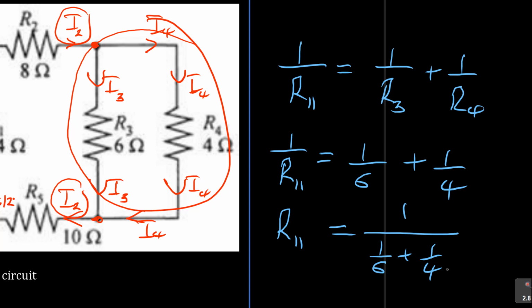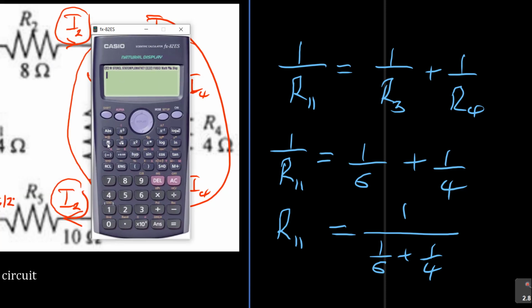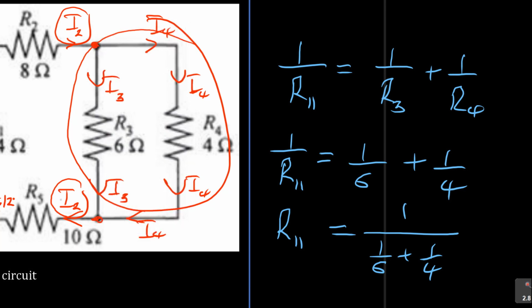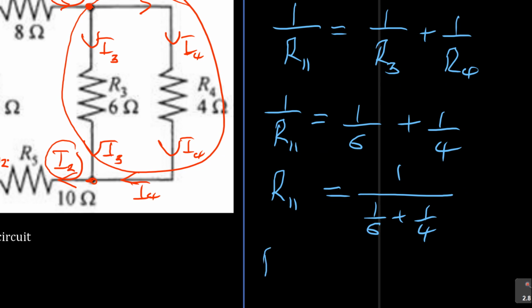Then you take a calculator, it will give the answer straight away. So this is fraction 1 over 6 plus 1 over 4 equal to, I'm getting 12 over 5, which is 2,4. So this is equal to 2,4 ohms.